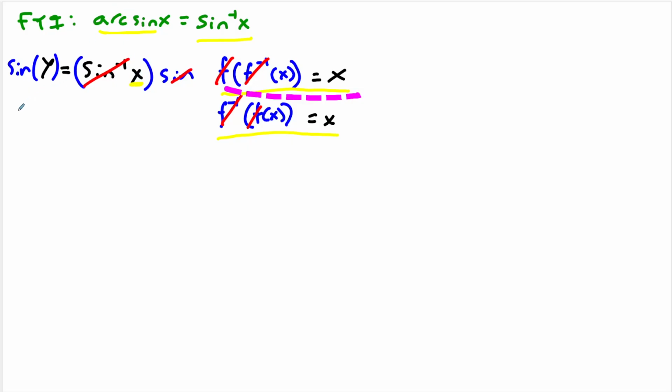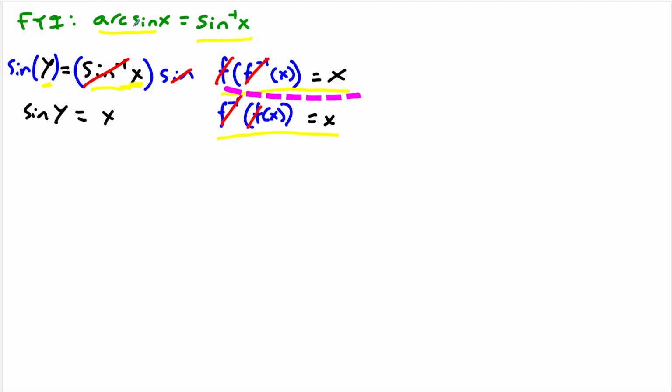So shouldn't sine of y equal x then? Like if y equals sine inverse of x, shouldn't sine of y also equal x? Well, we use this property, so it must work, right? So, okay, where do we go from here?